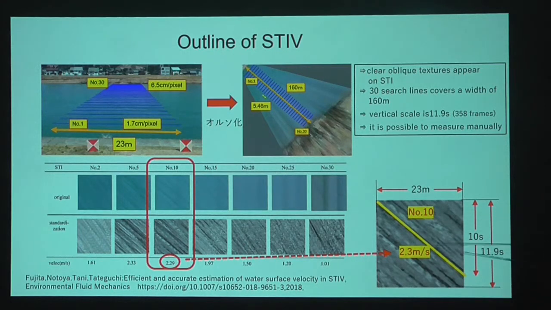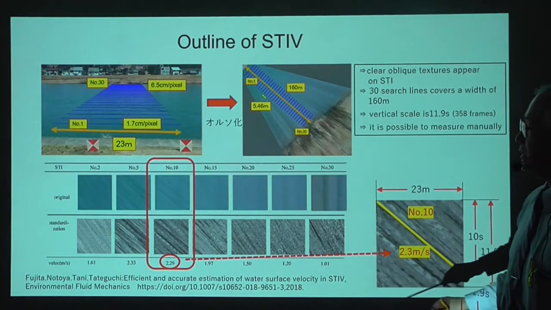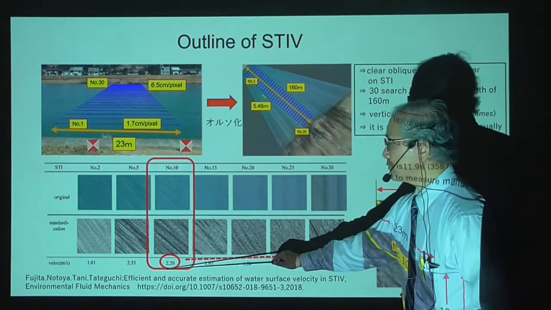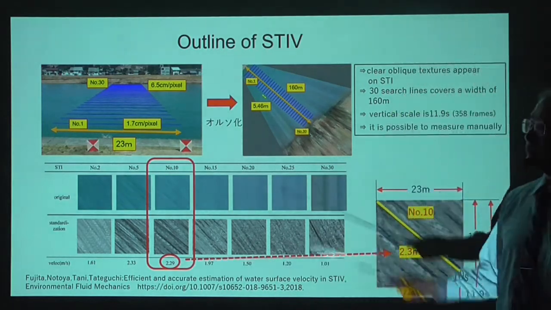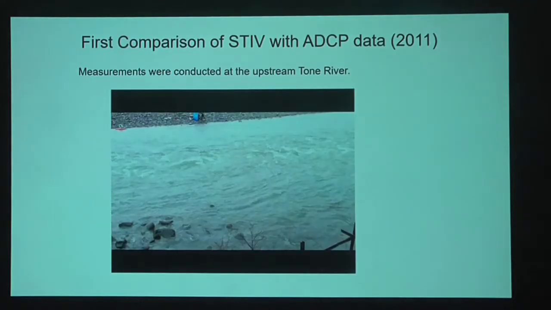So from the definition of velocity, the pattern moving in the downstream direction is 2.3 meters per second. This is the STIV result, 2.29 meters per second, and it's a very good agreement.